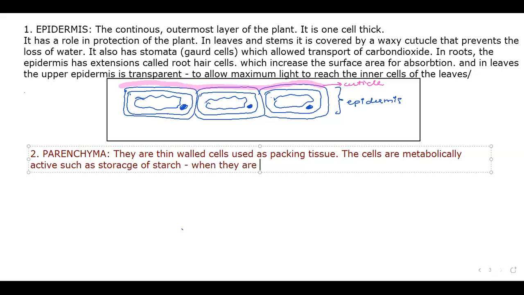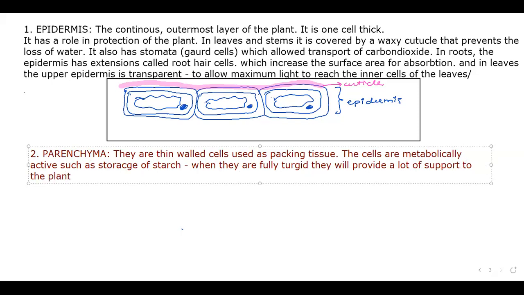When they are fully turgid, they will provide a lot of support to the plant. When the cells are fully filled up with water, fully swollen up, they will provide a lot of support, and they prevent wilting, so they don't let the plant wilt.